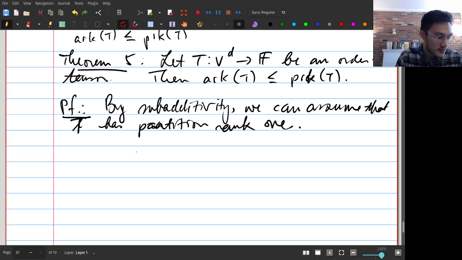Now we want to show that. So we assume that t factors. So now t is assumed to be partition rank 1. Let's write this out with all the variables.